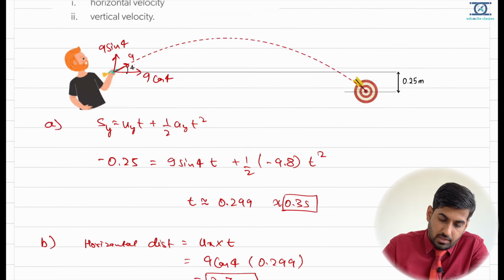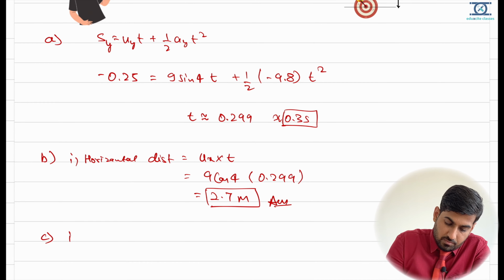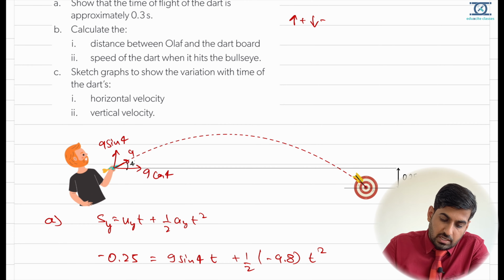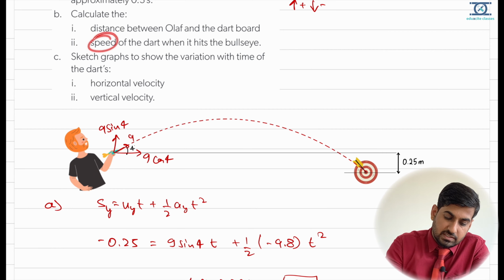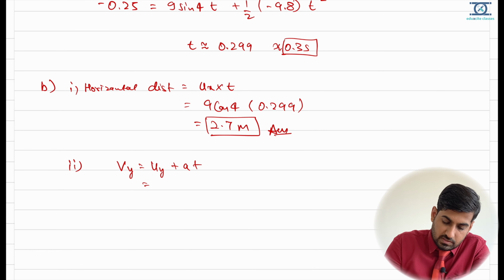Now for the B second part, the speed of the dart when it hits the bull's eye. Again it is asking us the speed. So what we can do is the horizontal component remains the same. First we have to find out Vy, which is uy plus at. Now uy is 9 sine 4 minus 9.8 into 0.299.